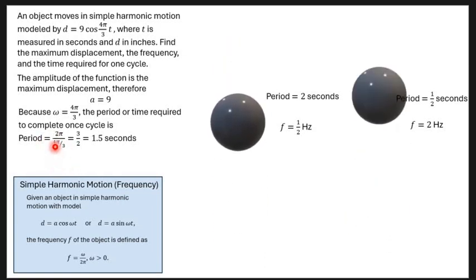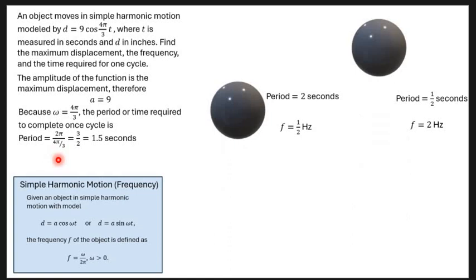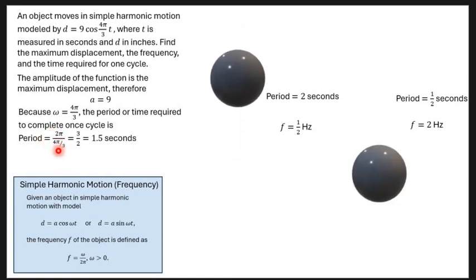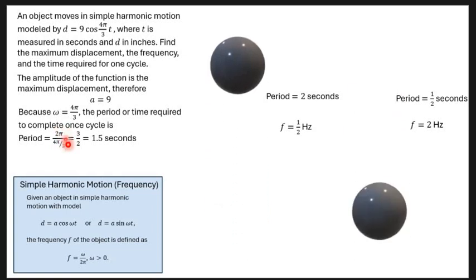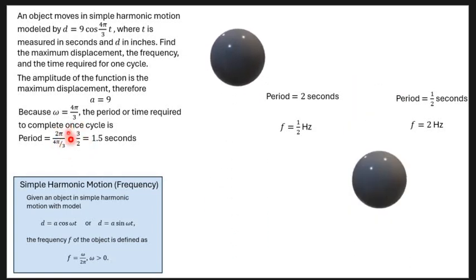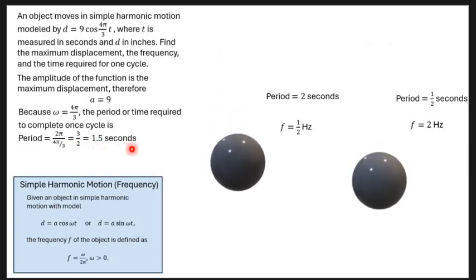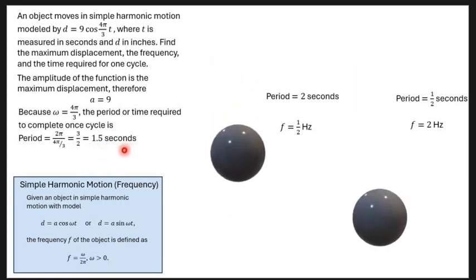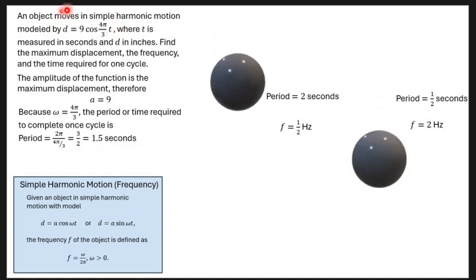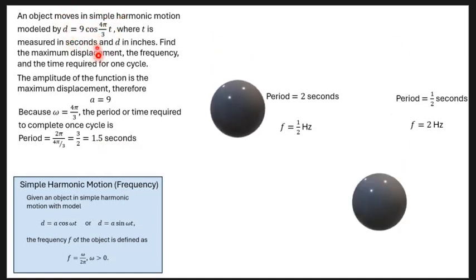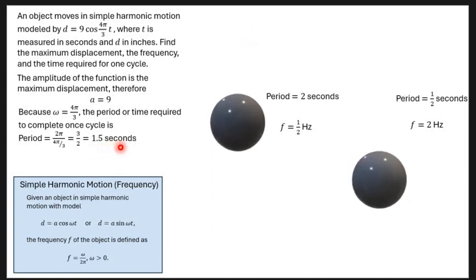Simplifying this, I see that the pi's cancel out, and I'll be dividing 2 by 4/3. If I flip the 4/3 over and multiply, I will get 6 over 4, which reduces to 3 over 2. 3 over 2 is exactly 1.5 seconds. So this model here, the ball on the spring or whatever is vibrating here, takes 1.5 seconds to complete one full cycle.